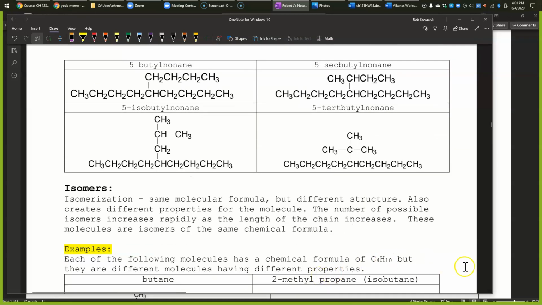But what if I've got a 4 carbon side chain? Go ahead, Annika. Can a chain start on the left side and the right side and be the same molecule, like a side chain?